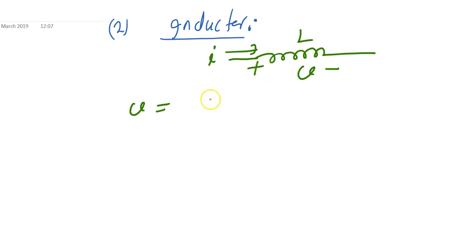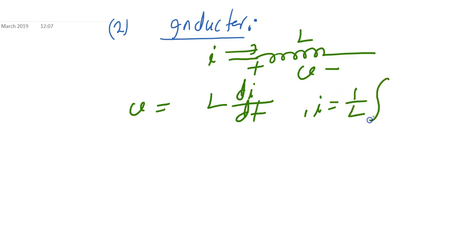So voltage is L di upon dt, and the current is 1 upon L integration from minus infinity to t of V(tau) d tau. So these are the voltage and current relations.